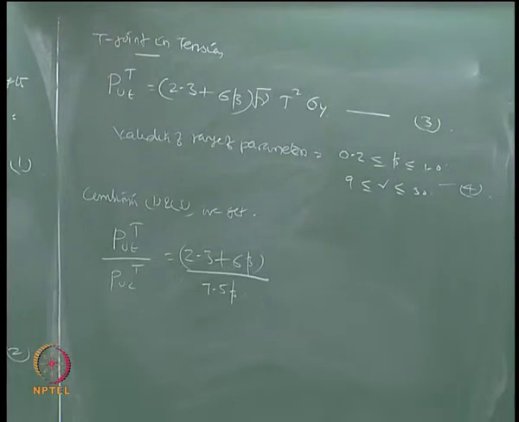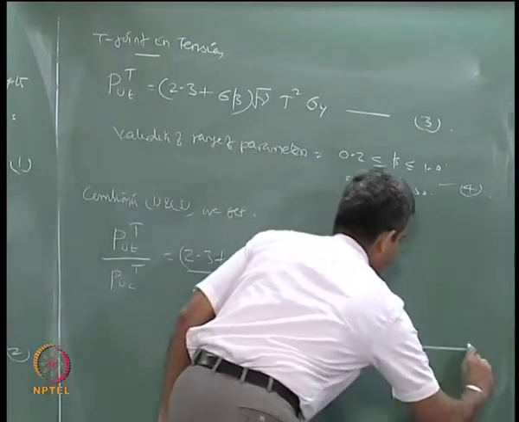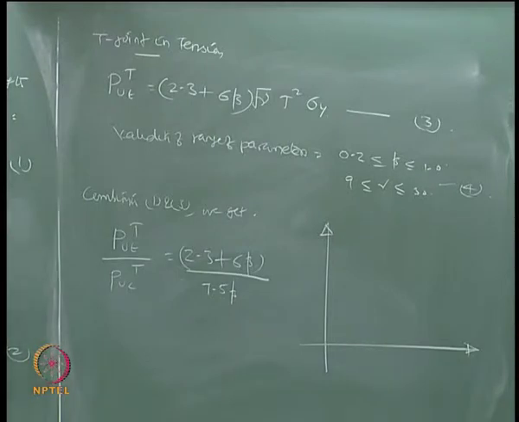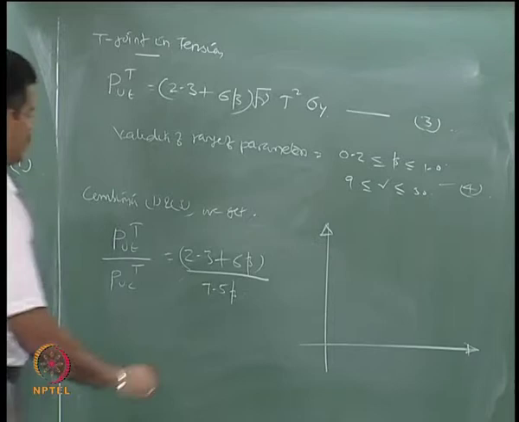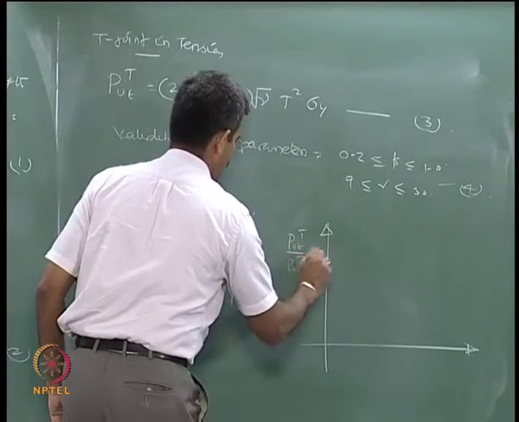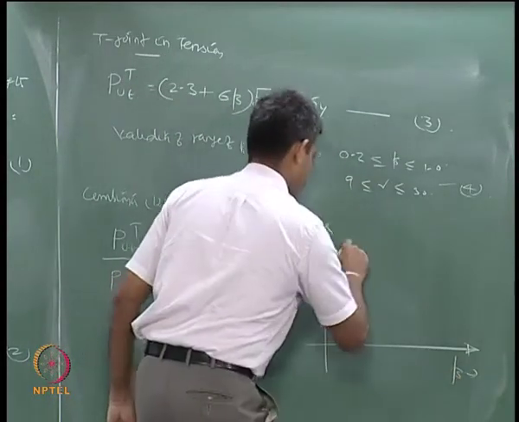Okay. I can plot this. This is P UTT by P UCT, and this is beta, and variation is like this.